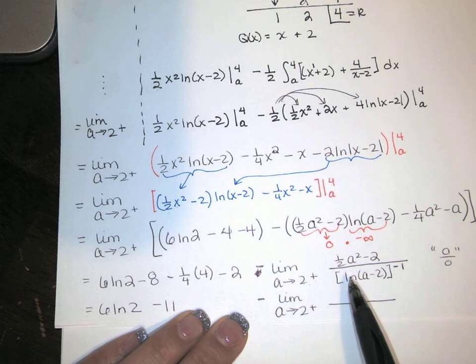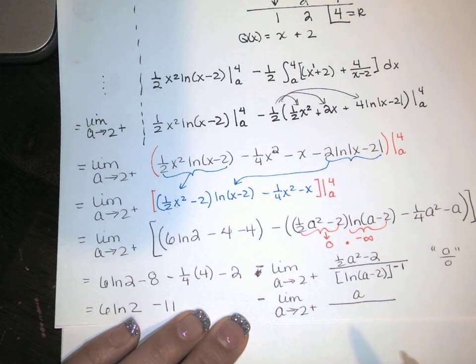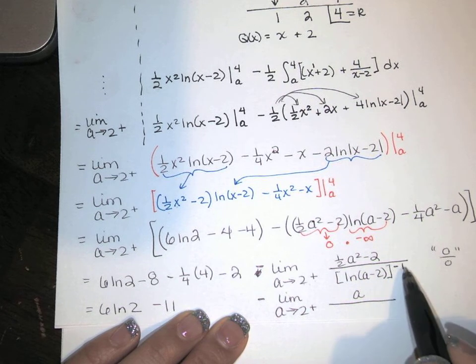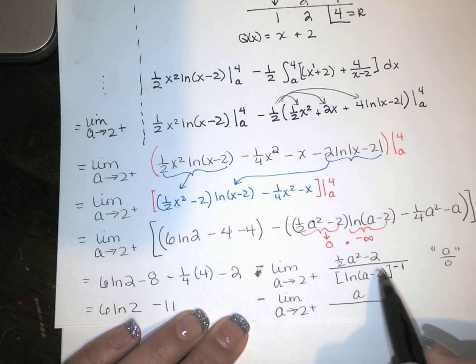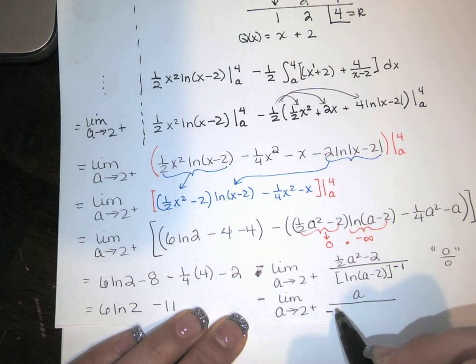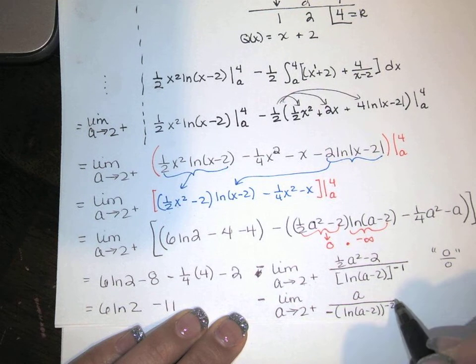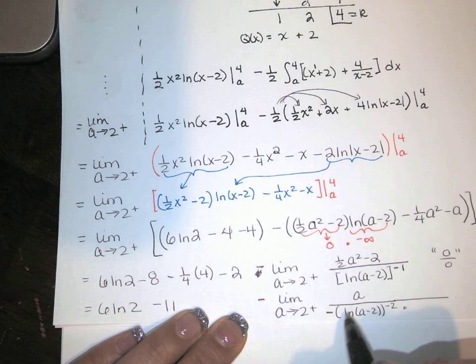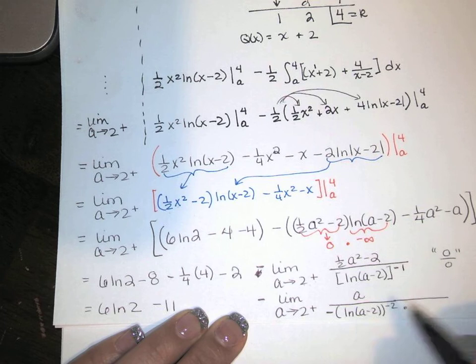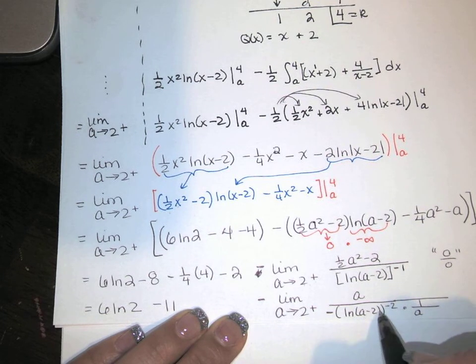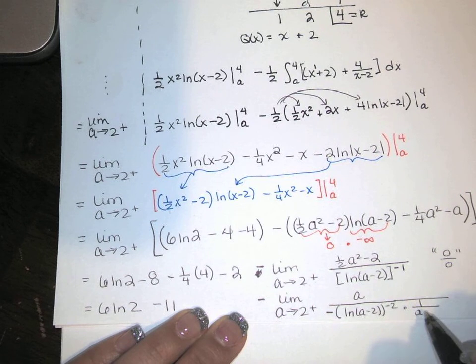Now I have natural log of something raised to the negative 1, so I'm going to have to use the chain rule twice. The outermost function is this negative 1 power. This is like a function to the negative 1. The derivative of a function to the negative 1 is negative 1 times that function to the negative 2 times the derivative of the inside by the chain rule, and the derivative of the inside is 1 over the inside function of the log, because the derivative of a log is 1 over the inside function times the derivative of the inside of that.